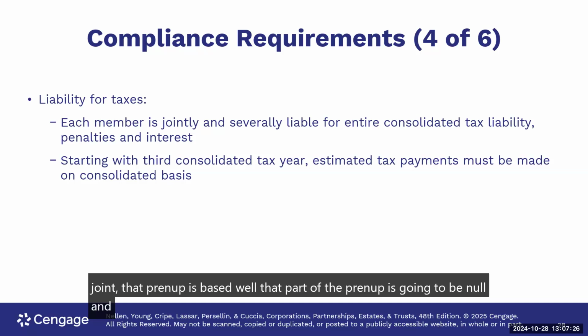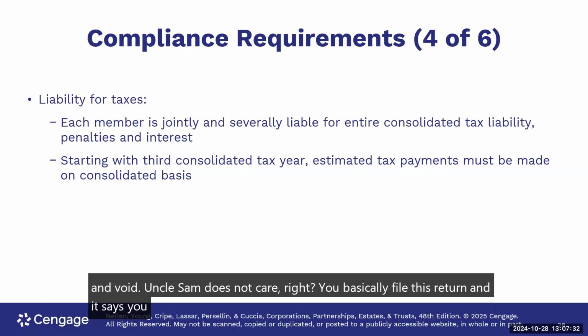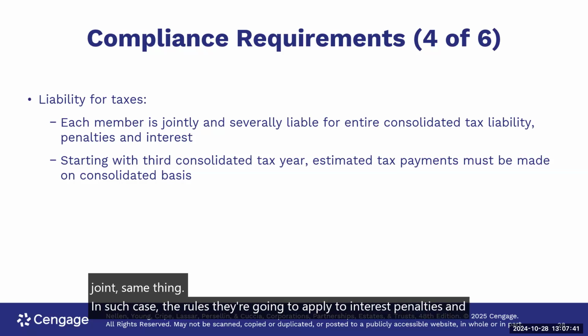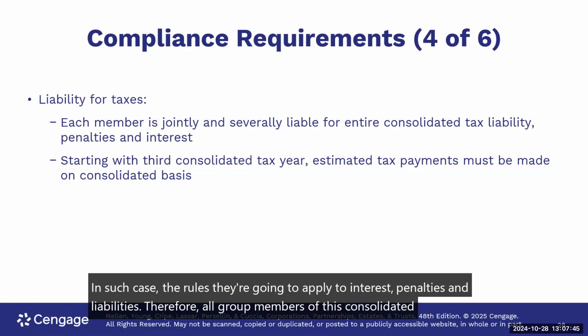Uncle Sam does not care, right? You filed this return and it says you are jointly and severally liable. If you file as married filing joint, same thing. The rules apply to interest, penalties, and liabilities. Therefore, all group members of this consolidated tax return are liable.